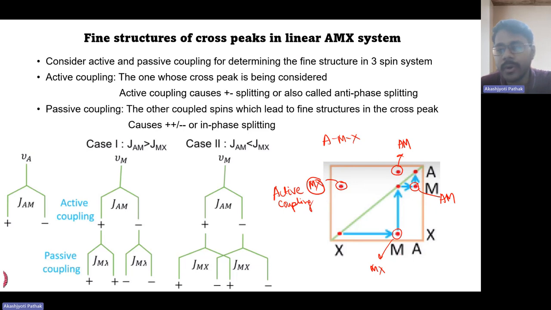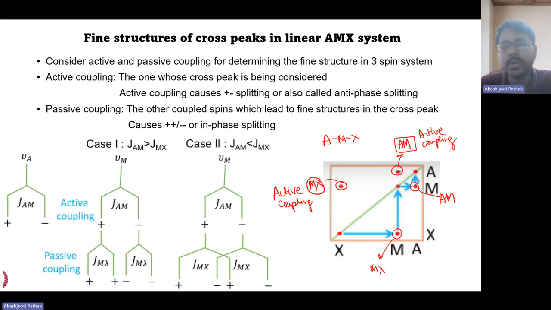Now if you want to find out what the fine structures present in an AM cross peak are, then AM would be the active coupling. The splitting that you will get will be because of this AM active coupling. All other fine peaks that you will get will be because of passive coupling.